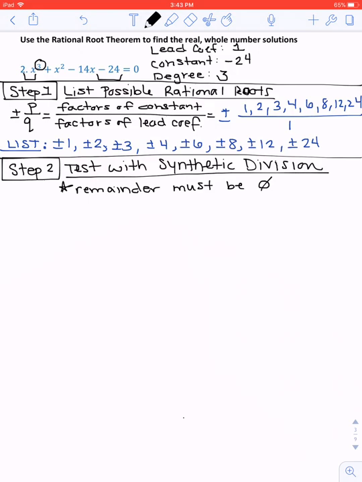Okay, so what's hard is trying to decide which ones to test. So I want you to test positive 1 and negative 1. So take a moment, test those real quick with synthetic division, and see if either of those give you a 0.